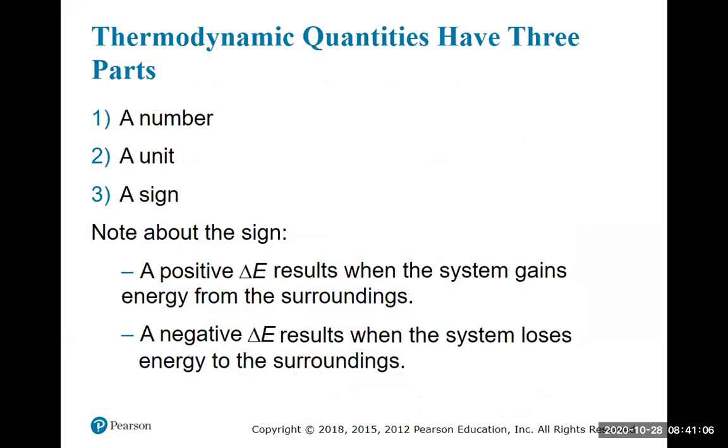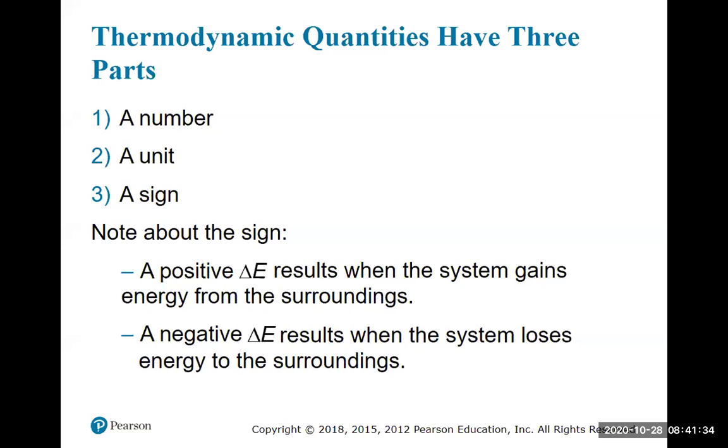A key thing when we talk about these thermodynamic quantities is that we're used to, when we do problems, that we report a number and we report units. The units are especially important because they help us with our dimensional analysis. And the dimensional analysis, remember, if we set that up correctly, we really increase our chances of getting the problem correct.